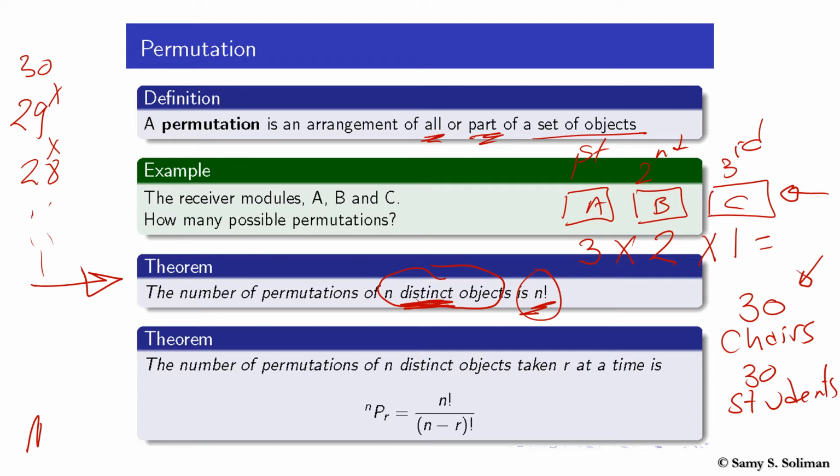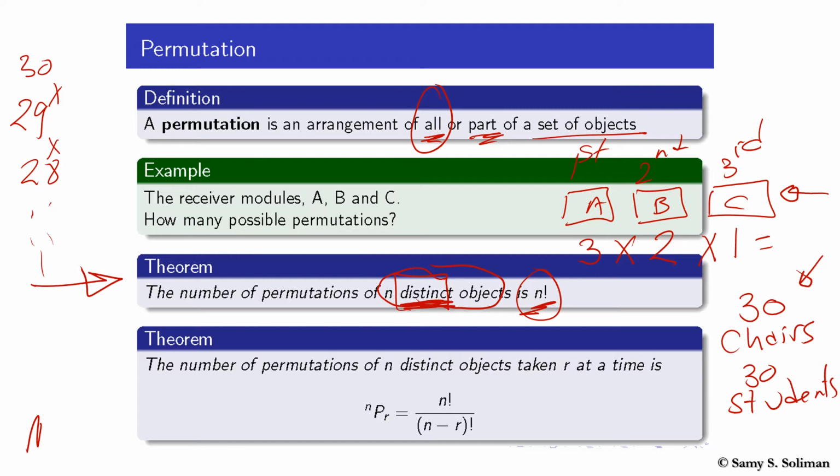So actually in such a scenario we'll have only one possibility to arrange 30 identical objects over 30 chairs. So again, to calculate a permutation or to use the n factorial rule, we have to make sure that the objects are distinct objects. So this is what we call permutation of all of a set of objects.